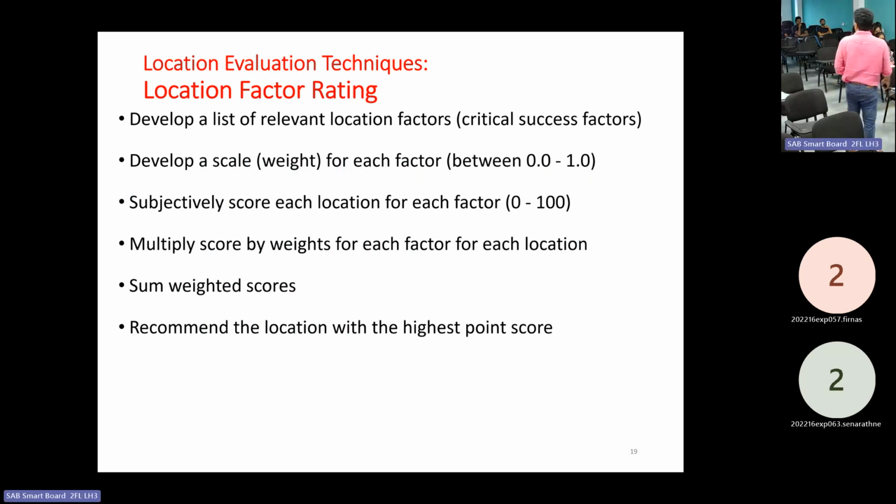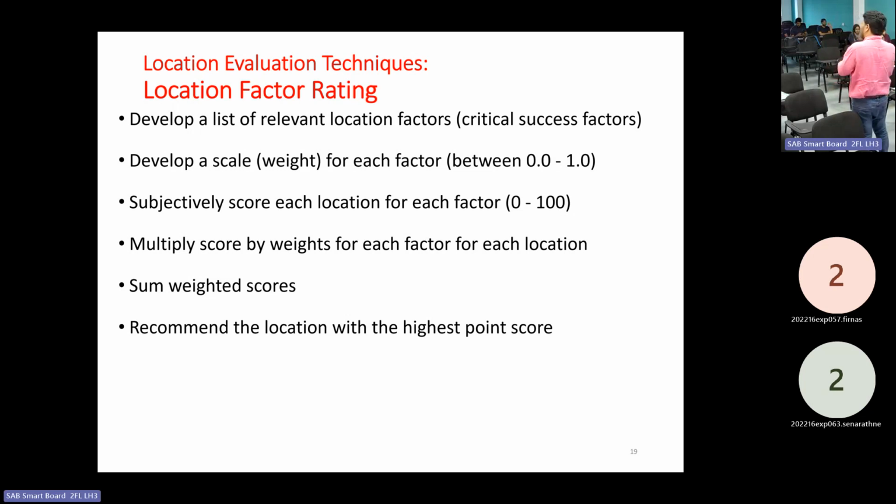This technique is called location factor rating. Just try to understand this. Location factor rating, a technique that is used for evaluating alternative locations. How to use that technique?